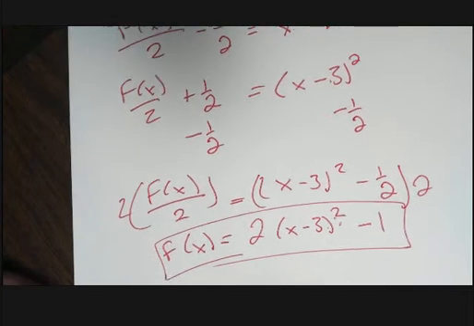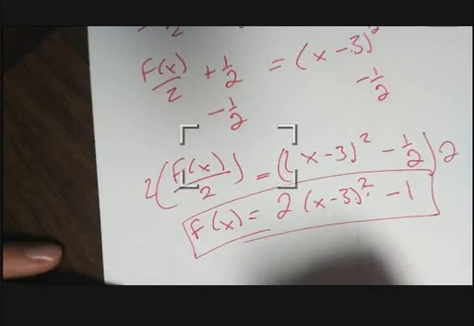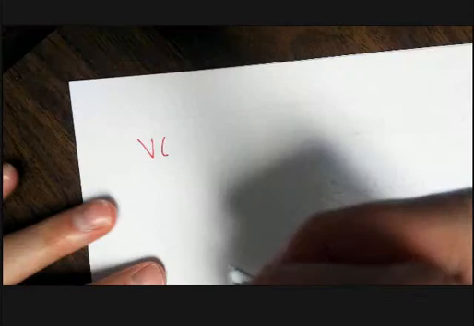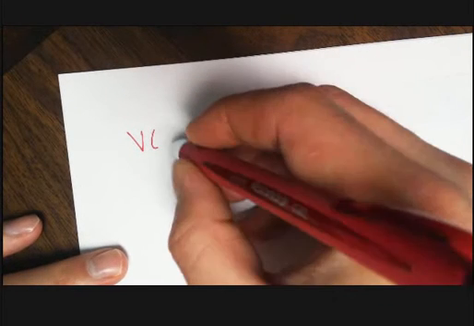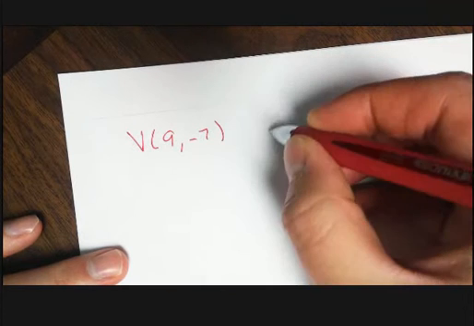Alright, next, 22 is very similar, except it gives you a point, so the vertex, which is going to be 9, -7, and it gives you a point.